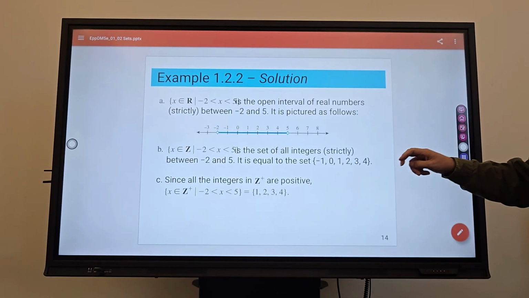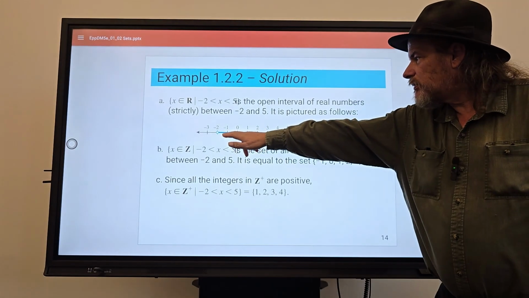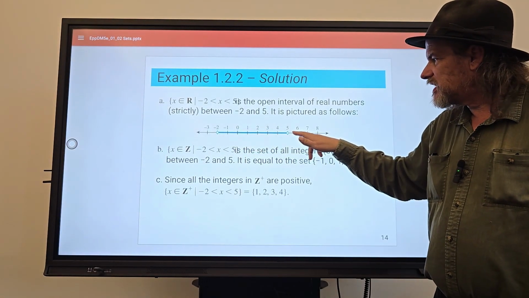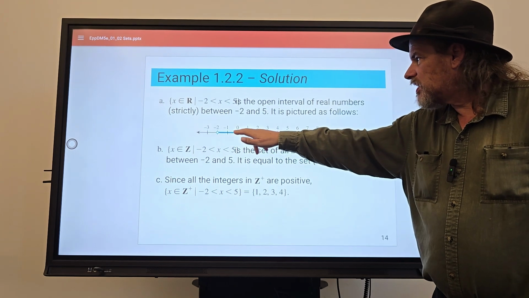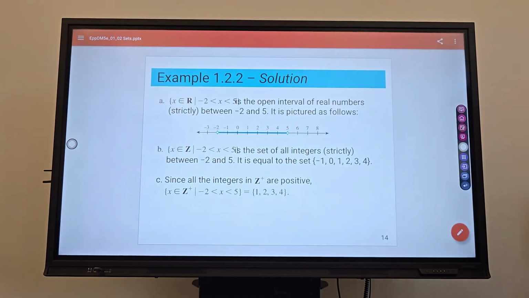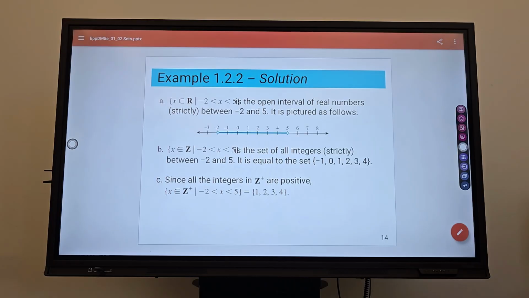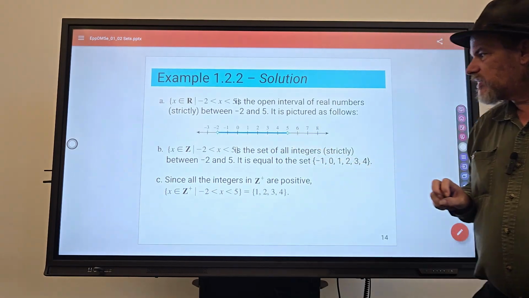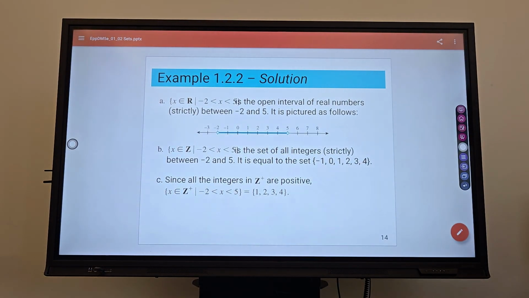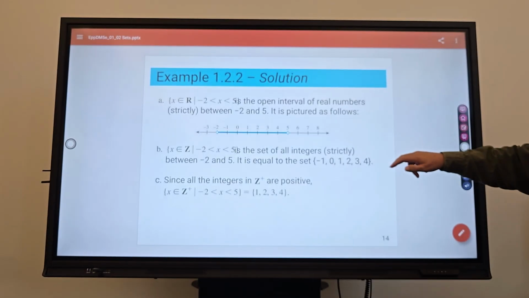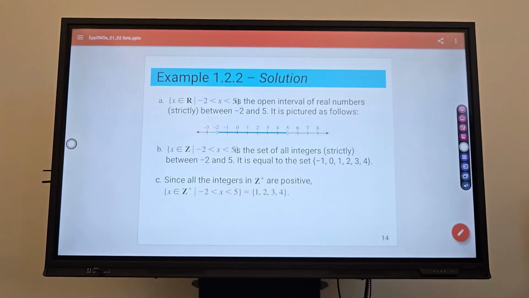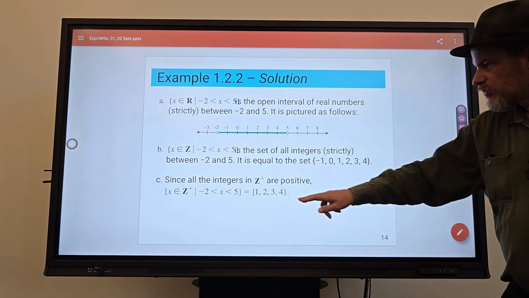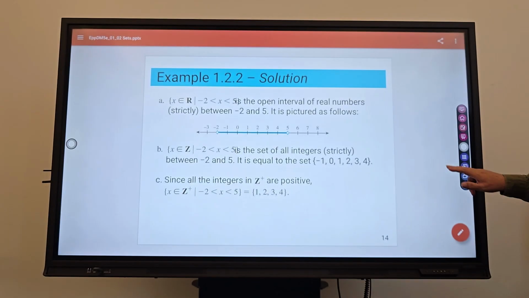It goes through it, and you use the number line to pictorially represent the values on the number line, indicating that they are members of the set. Using the open end instead of the dot on -2 and 5 to show that they are not inclusive. And the second one, -1 to 4, and then just 1 to 4 for the third one.